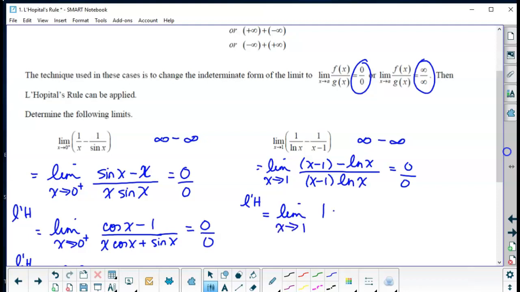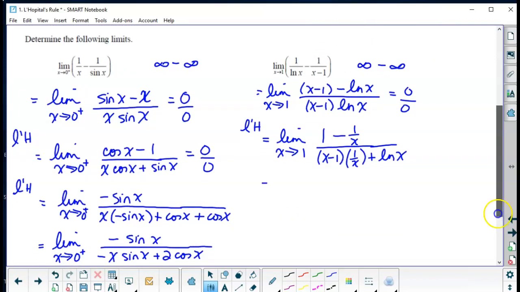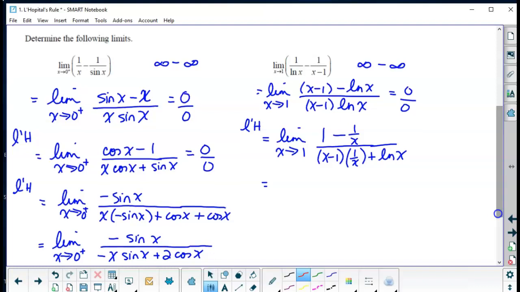So it's going to be 1 minus 1 over x. Then you can use the product rule. And I would get rid of the fractions. So I'm going to multiply top and bottom by x.